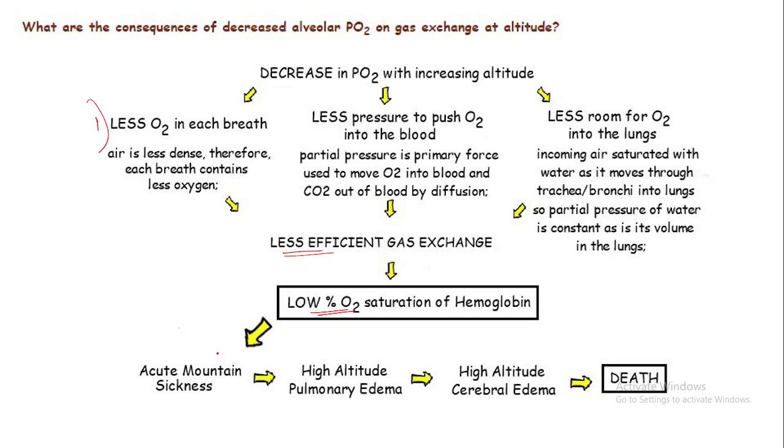Okay, so acute mountain sickness is one thing that is suffered. Generally we see that people who go trekking are not all healthy and hale. Some of them fall sick and need some kind of medical treatment so that the oxygen levels are brought back to normal. That is acute mountain sickness. Then high altitude pulmonary edema.